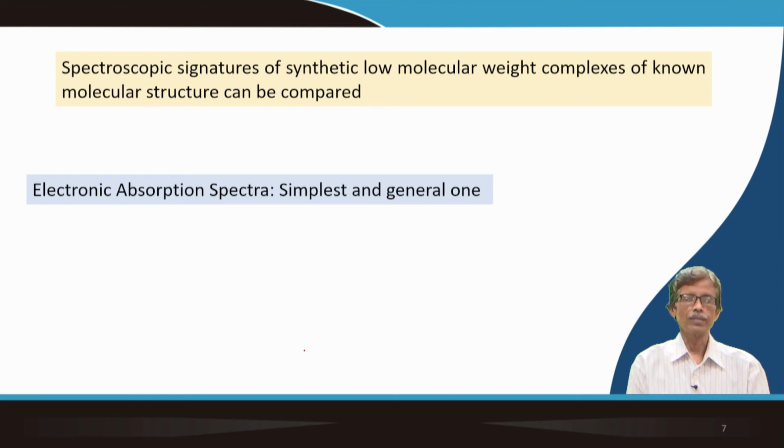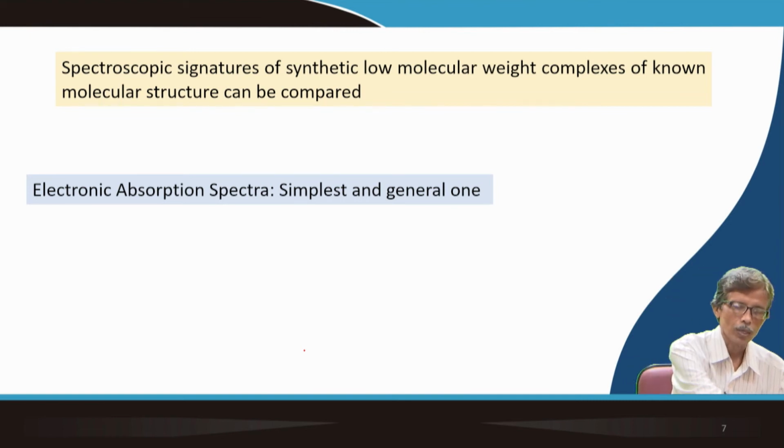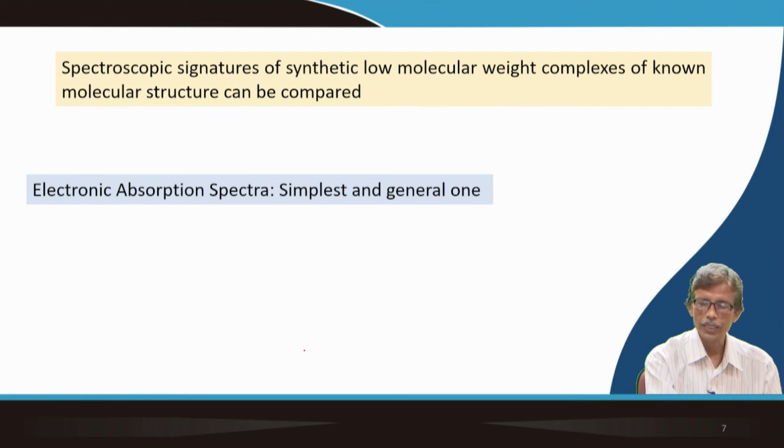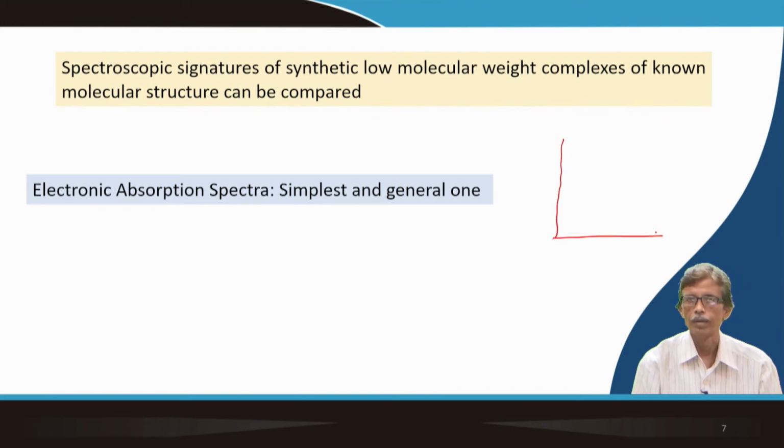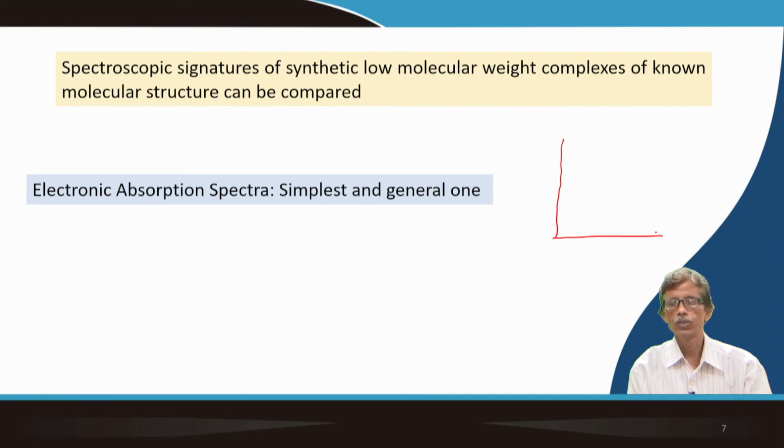For that reason, the electronic absorption spectrum, which we all know, is the simplest and the general one. If you have the solution in your hand and you try to measure the spectrum, we all know that you can have the two axes and we plot it.